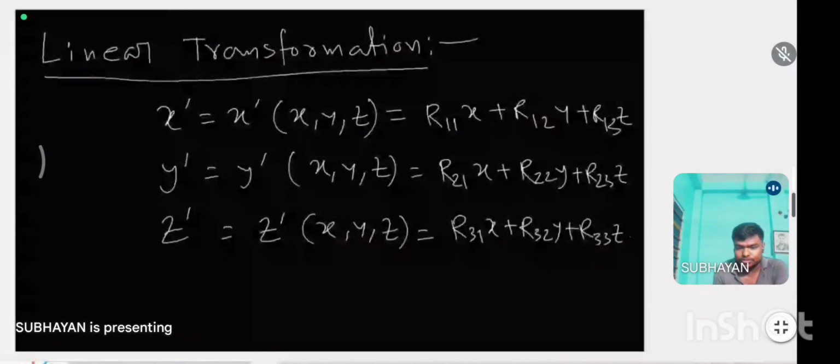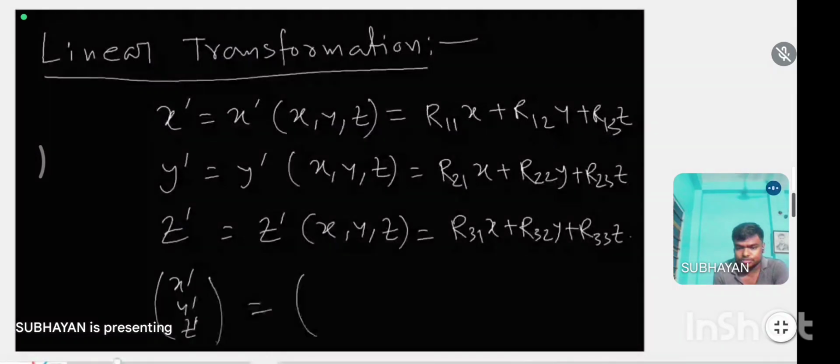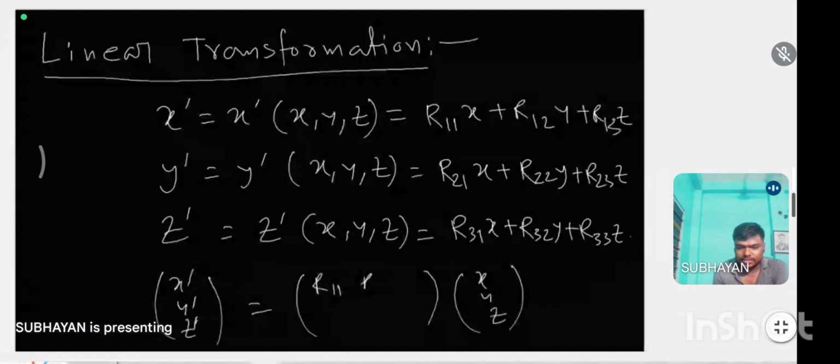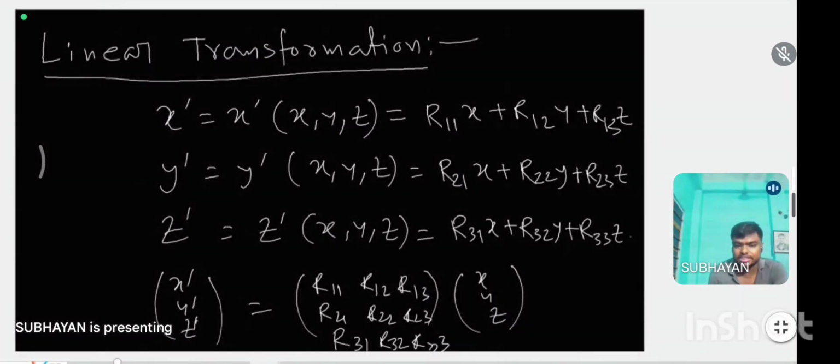So generally, x prime, y prime, z prime equals x, y, z times the matrix with rows r11, r12, r13, then r21, r22, r23, then r31, r32, r33. These are the signatures of a linear transformation. Okay.